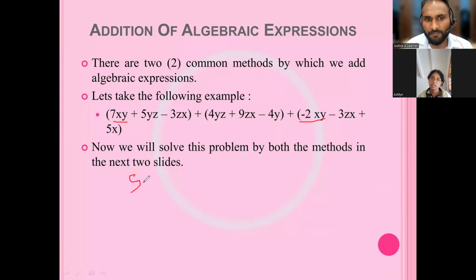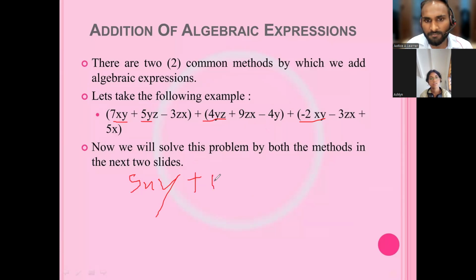Yes, 5xy. Okay, then next part. Then 5yz, and then plus 4yz. For yz, minus 9yz, positive or negative? Positive. Okay.